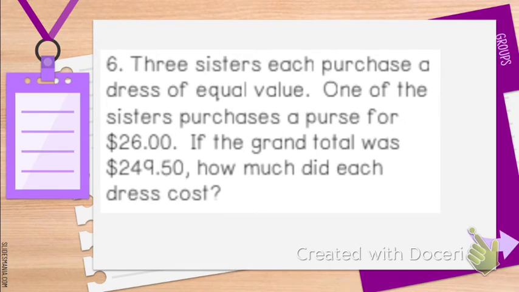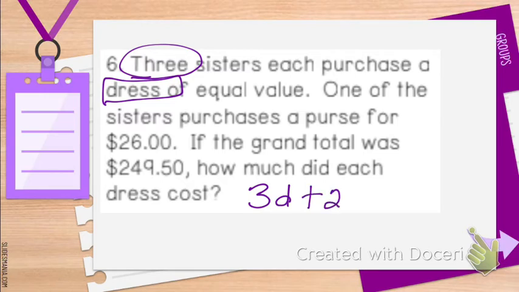All right, try this one here. 3 sisters, each purchased a dress of equal value. One of the sisters purchased a purse for $26, and the grand total was $249.50. How much did each dress cost? All right, so there are 3 of them, right? So there are 3 of these dresses plus 1 purse. So I'm going to say 3 dresses plus that purse that was $26 equals $249.50.